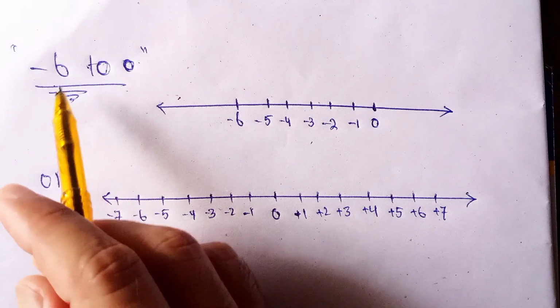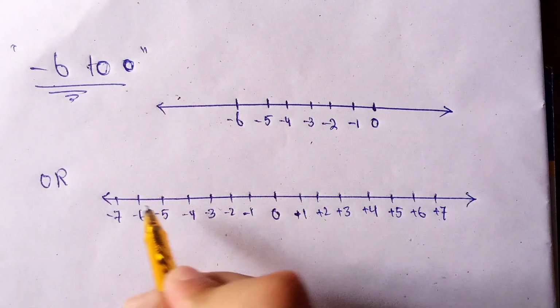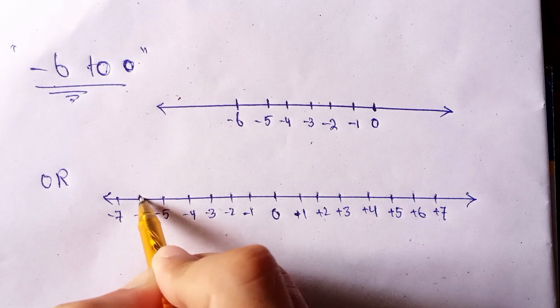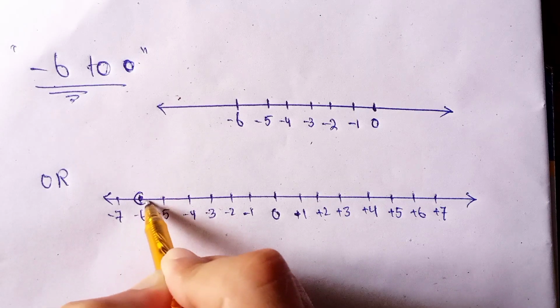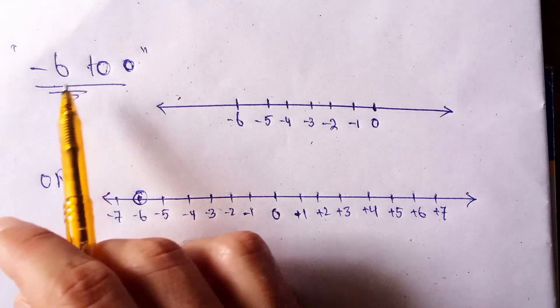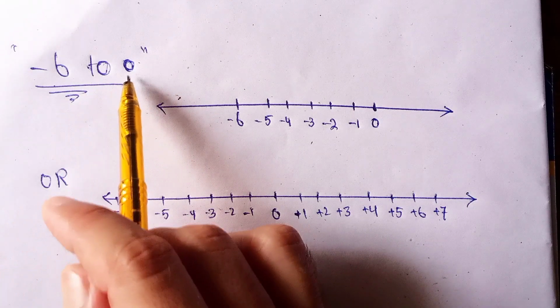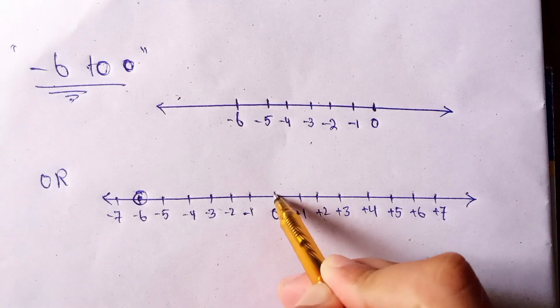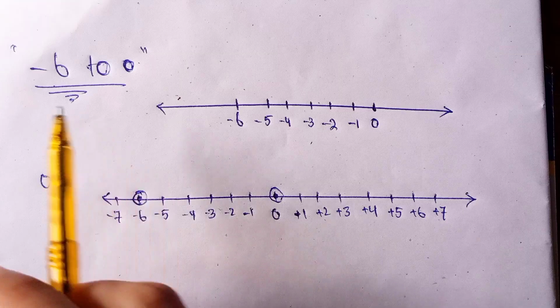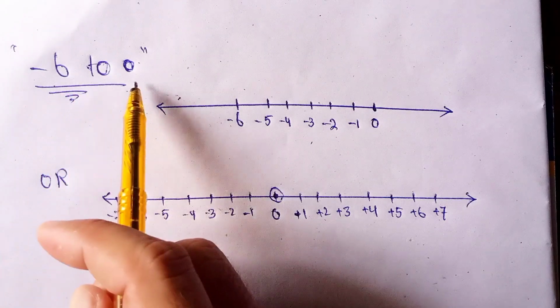Now to represent the integers from -6 to 0, we will mark the integer -6 and draw a circle around it. So this is the representation of -6 on the number line. We have to represent it up to 0. We will put a point on the 0 number and draw a circle around it. So this is the representation of integers from -6 to 0.